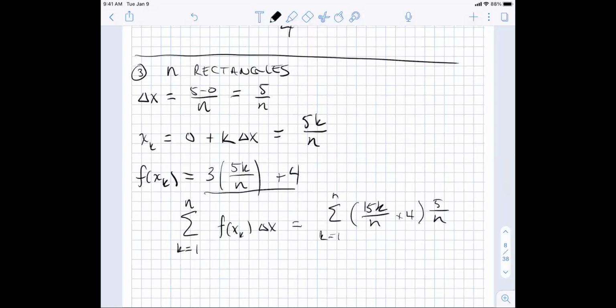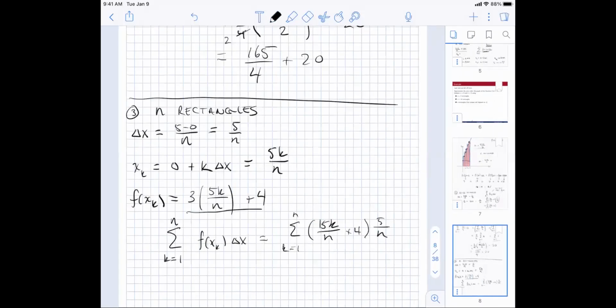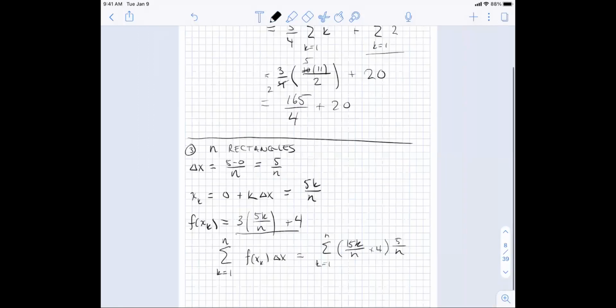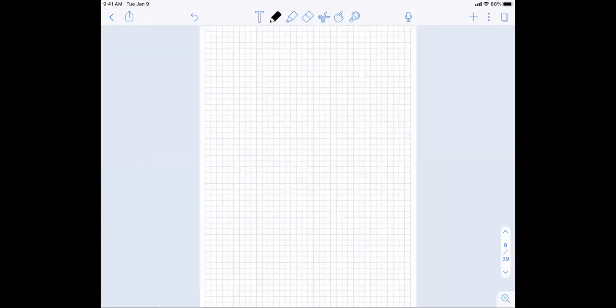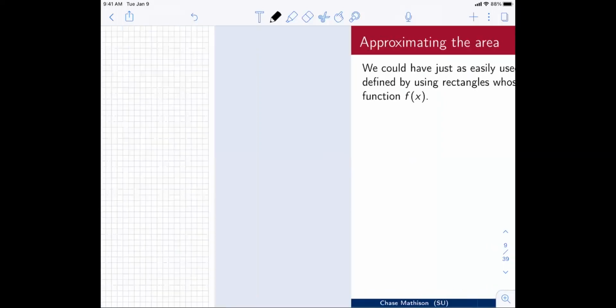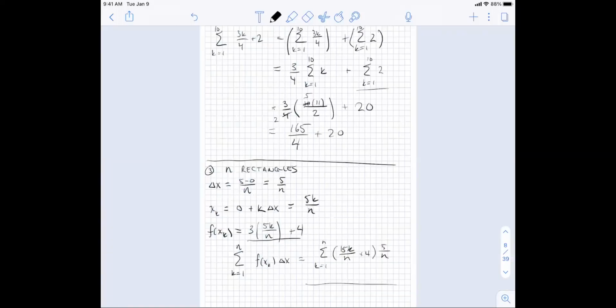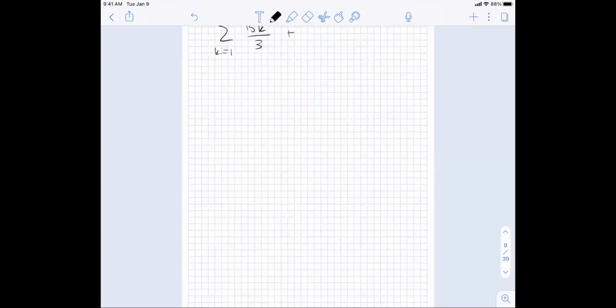So we're almost done. We're almost there. I want to simplify then. Technically, this is an answer, but we can do a little better. We can simplify this. So just like the last one, I can say this is the sum k equals 1 to n of 15k over n plus 4, times 5 over n.